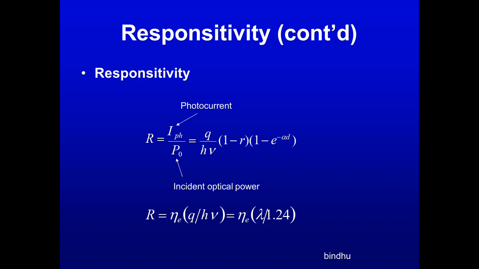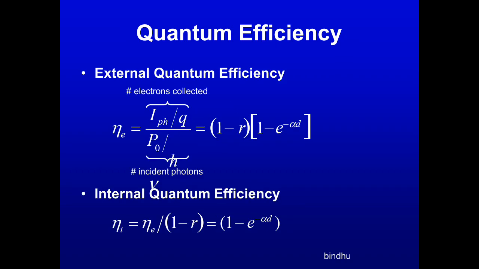This can be rewritten in terms of 1 by R times (1 minus e to the power minus alpha D), which is called eta. Eta is called the efficiency factor of your photodetector. So the external quantum efficiency eta e is equal to IPH by Q over P naught by hν. The internal quantum efficiency eta i is equal to eta e times 1 by (1 minus R).